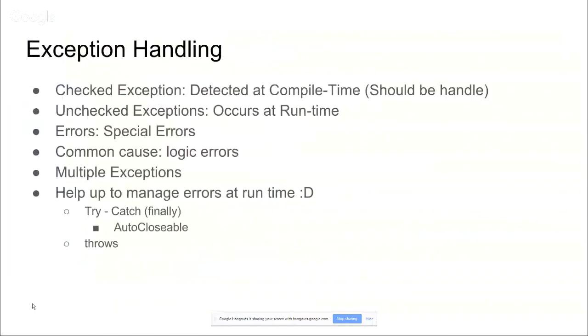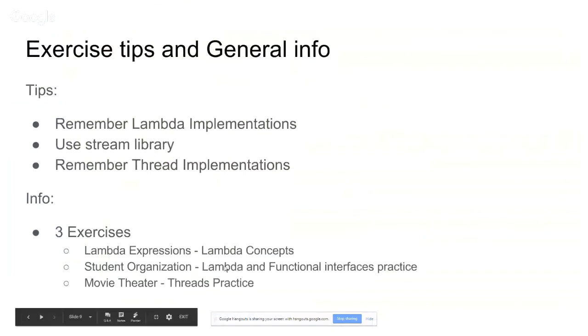So okay, let's keep going. We have our final topic. Inside our final topic, we're going to talk about exercise tips and general info. Inside tips, I recommend you use Lambda implementations a lot because they are really cool.